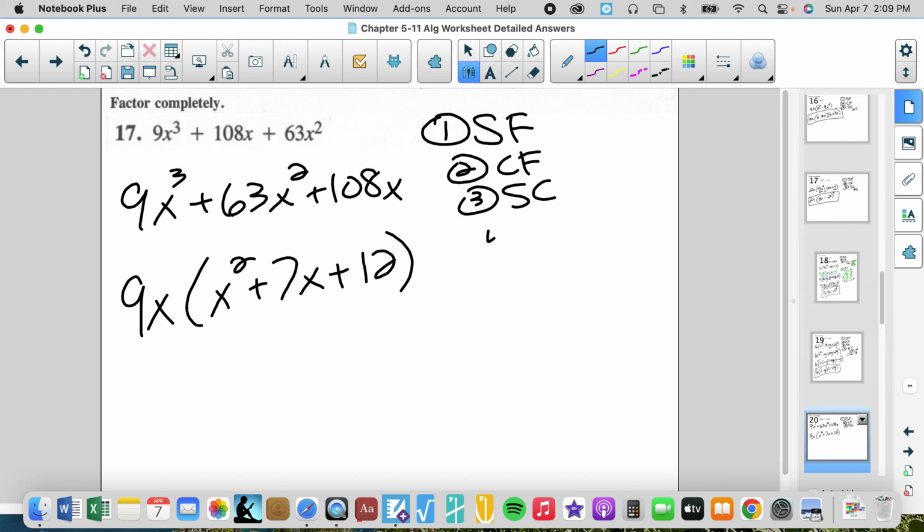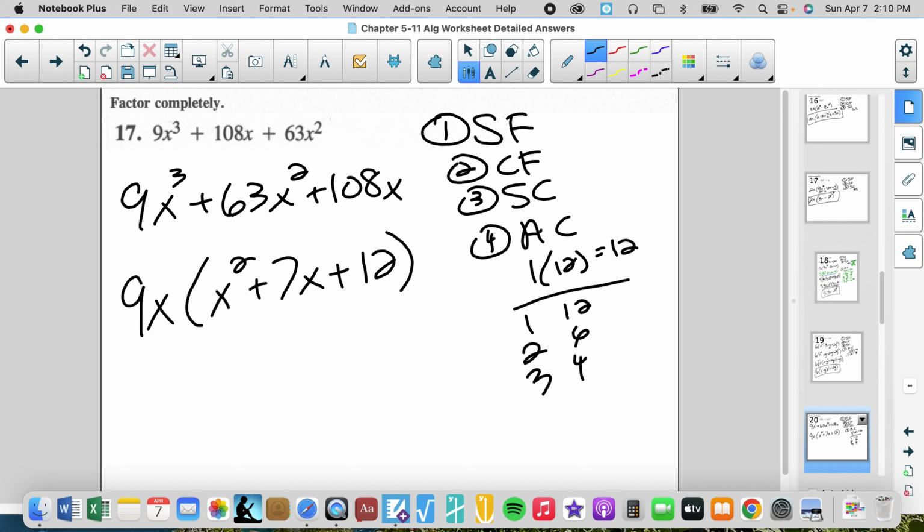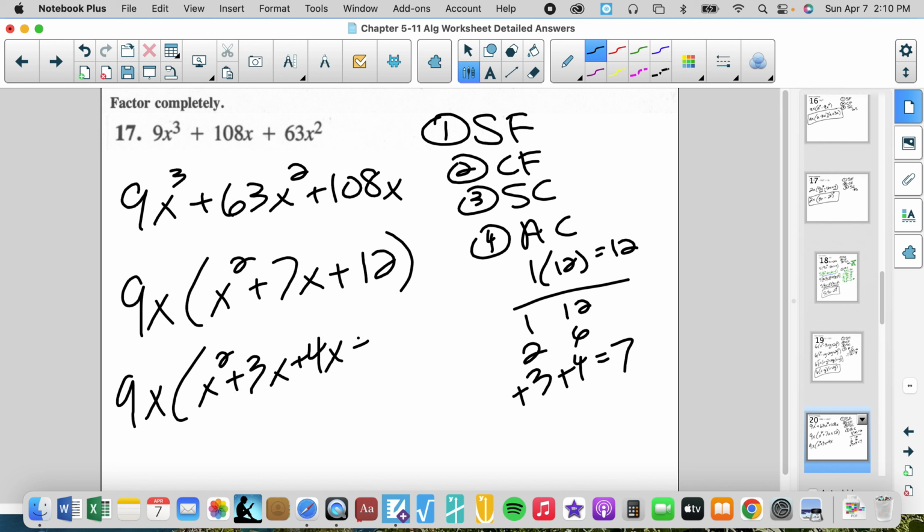Special case, no. A times c, which is 1 and 12. 1 and 12, 2 and 6, 3 and 4, signs are the same, both are positive. That's my middle. So 9x times the quantity x squared plus 3x plus 4x plus 12.